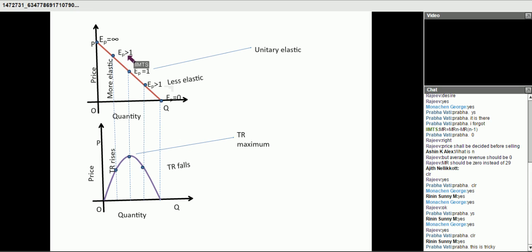If the elasticity is more than 1, total revenue will increase. If it is equal to 1, total revenue will be maximum, and in fact it will become stagnant at that point. If the elasticity is less than 1, the total revenue will start falling. And when elasticity is 0, total revenue may also become 0 and in fact negative. That is just a comparison.